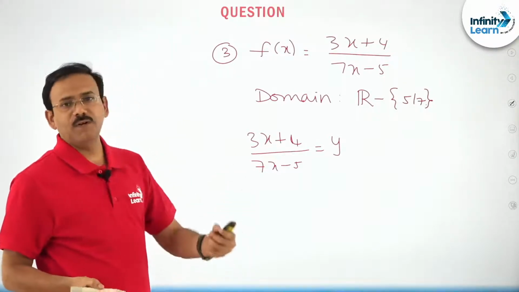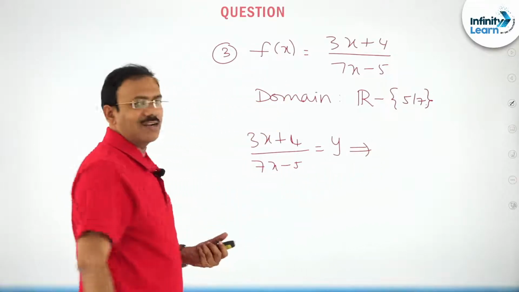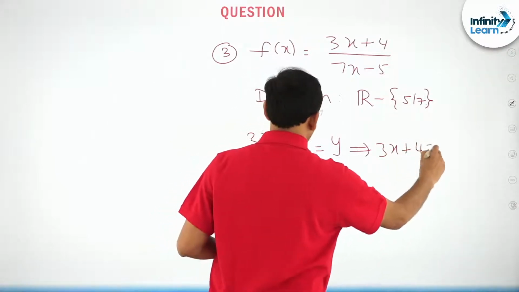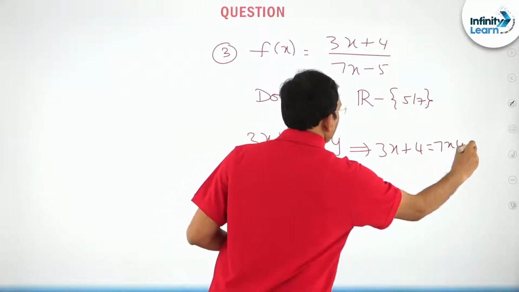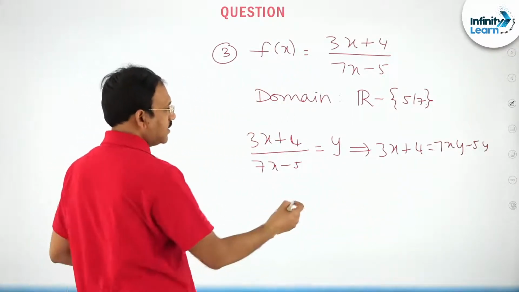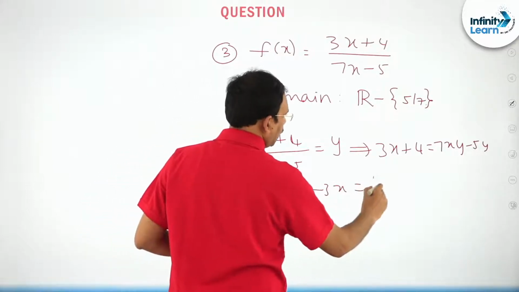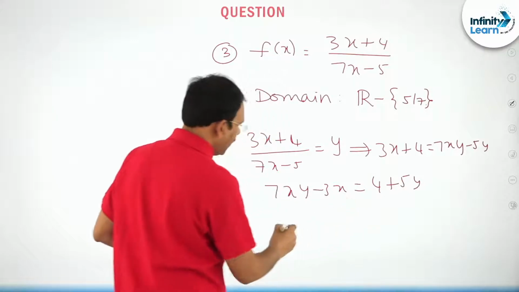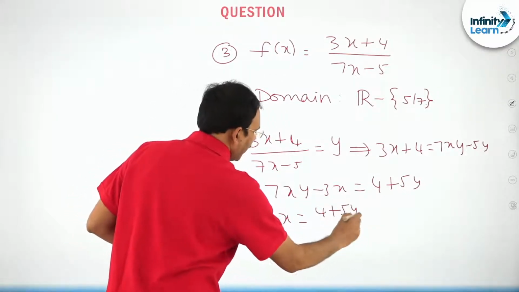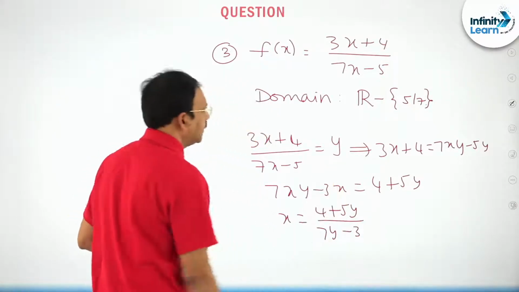Anyhow I have taken x such that the denominator is not equal to 0, you will get 3x plus 4 is 7xy minus 5y. From this you simplify: 7xy minus 3x is equal to 4 plus 5y. From this you get x is equal to 4 plus 5y by 7y minus 3.